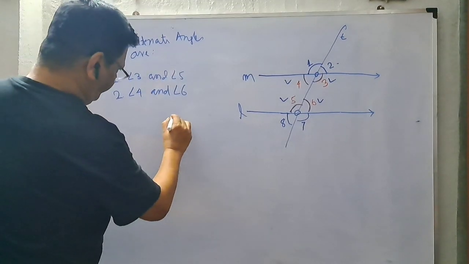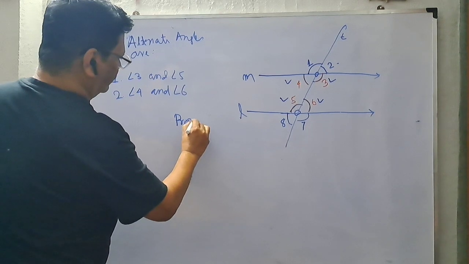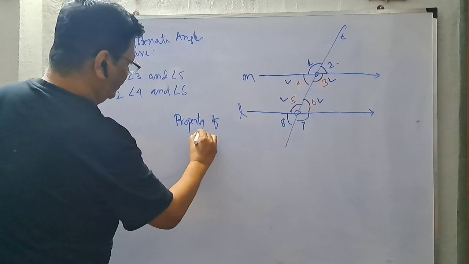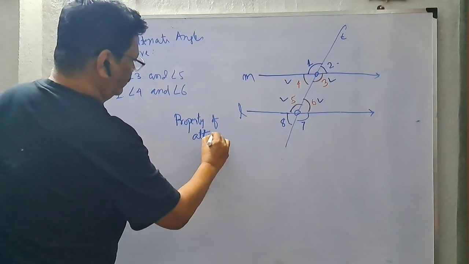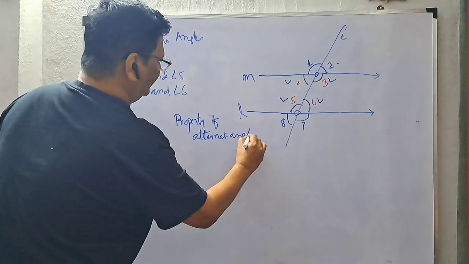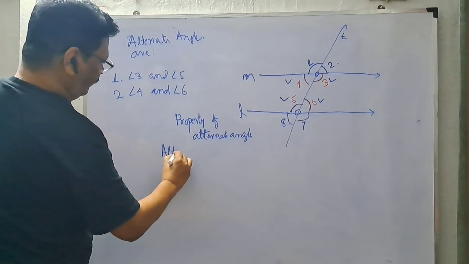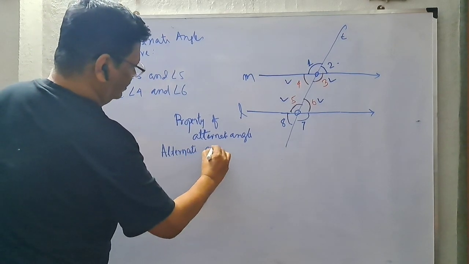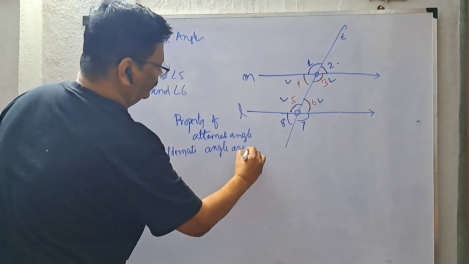Now the property of alternate angles. What is that? Alternate angles are equal.